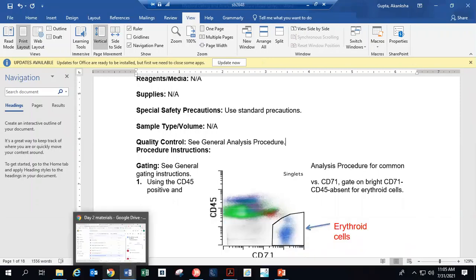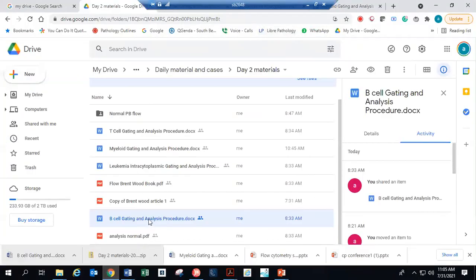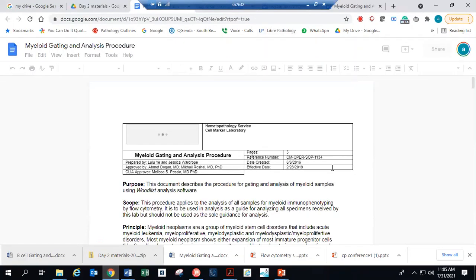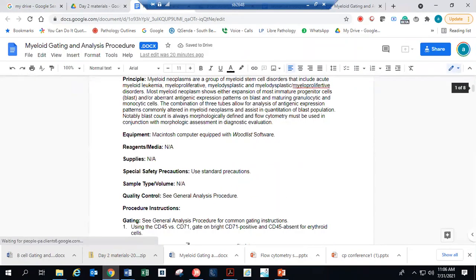It's much easier. This is the same file that you have in your system.